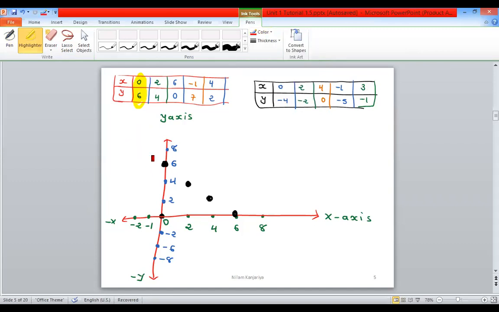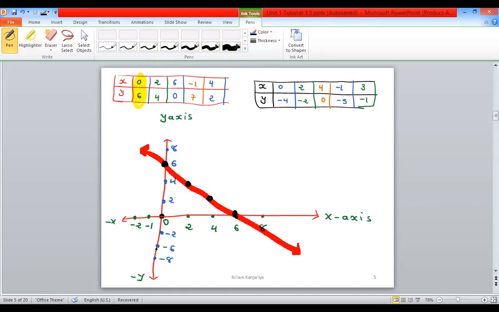Join all the points. You got the first line exactly. This is your first line.